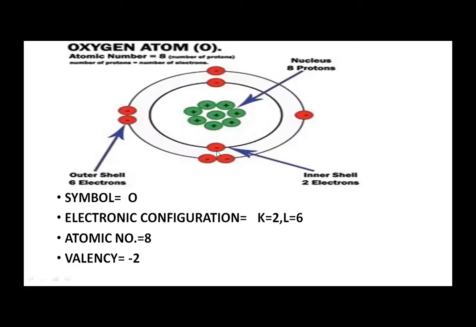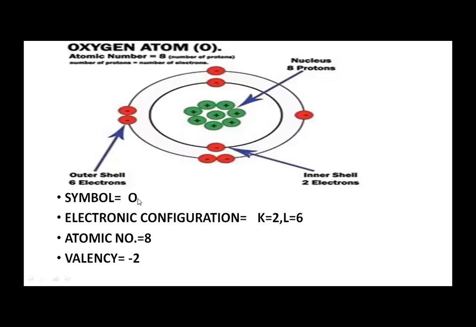In the K shell, also called the inner shell, 2 electrons are present, and in the outermost shell, the last valence shell, 6 electrons are present. 2 and 6 form 8 electrons.